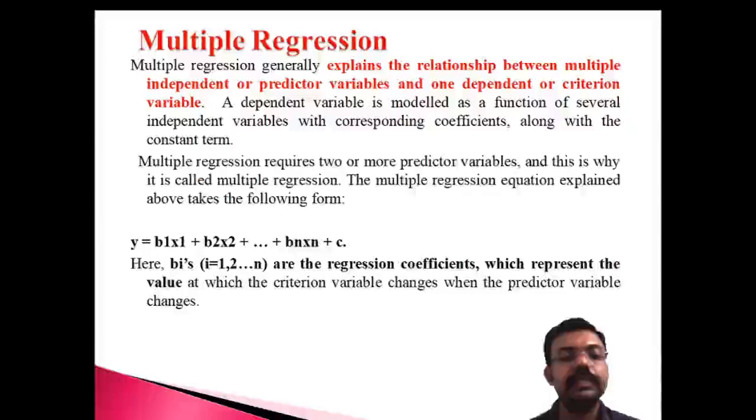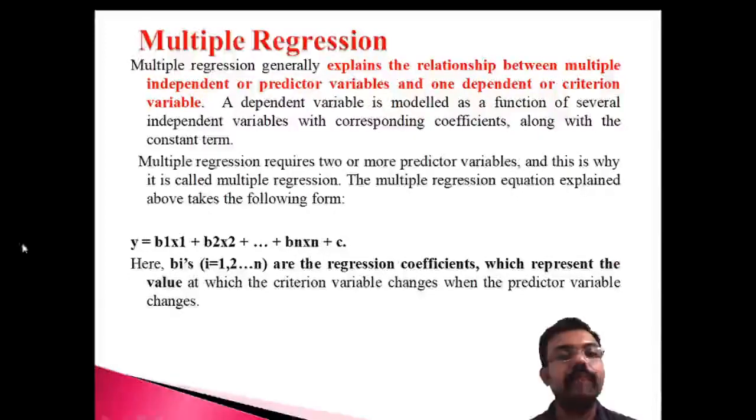The concept known as multiple regression means there are two or more independent variables and one dependent variable, and the independent variables are also known as the predictors. It is an average relation between the variables, but here there are two or more independent variables and one dependent variable.